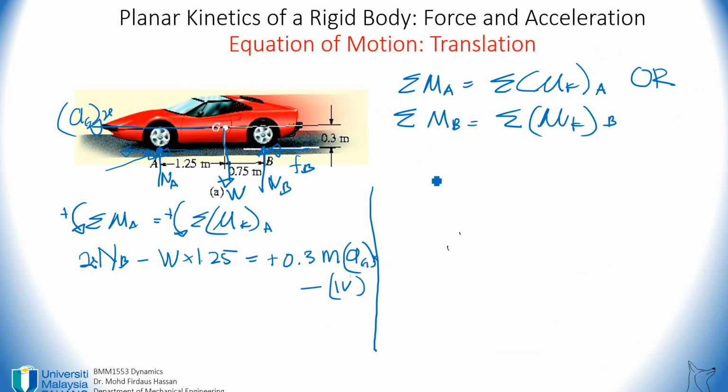So instead of 4, you can use B as well. So any forces that cross point B or come out from point B are not counted.